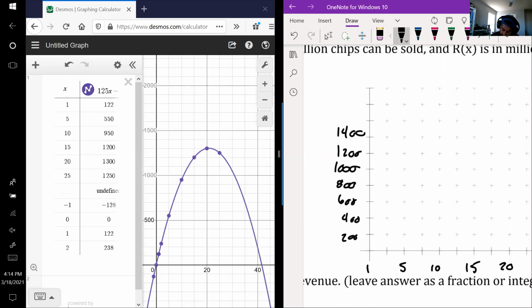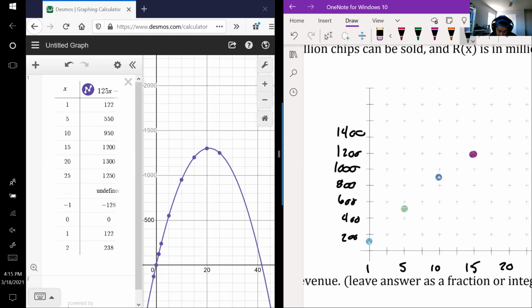And now just go ahead and follow our XY chart. Fun colors, right? There we go. And at 1, I'm at 122, so that'll be down there somewhere. 5, I'm at 550, somewhere in between there. 10, I'm at 950, somewhere in between there. 15, I'm at 1200 exactly, which is right there.